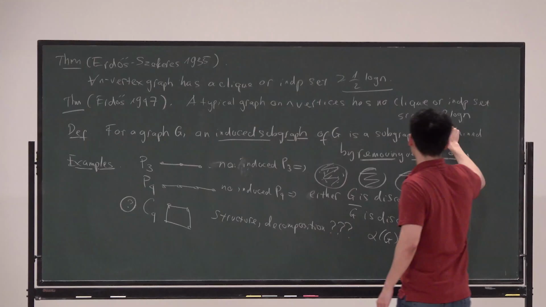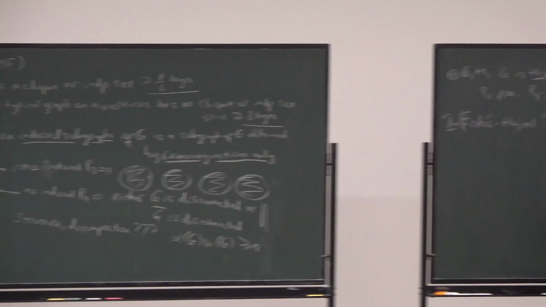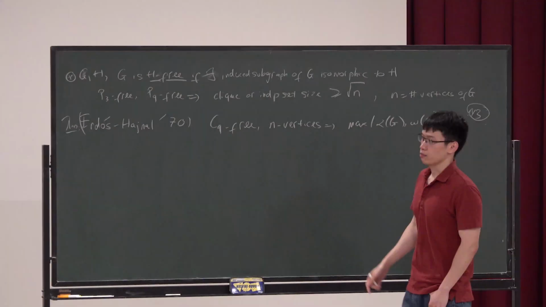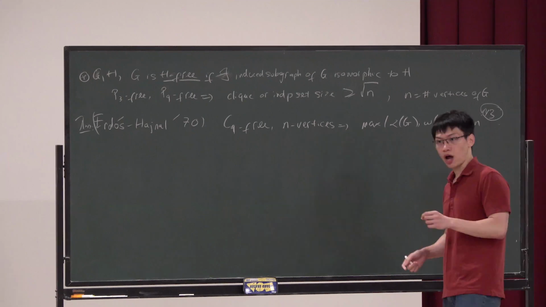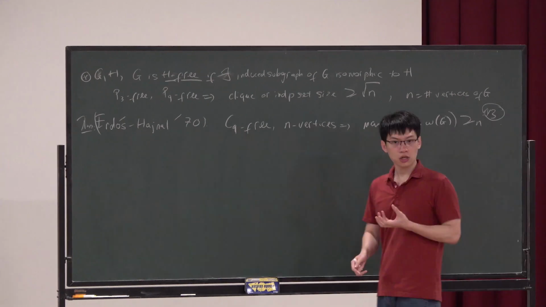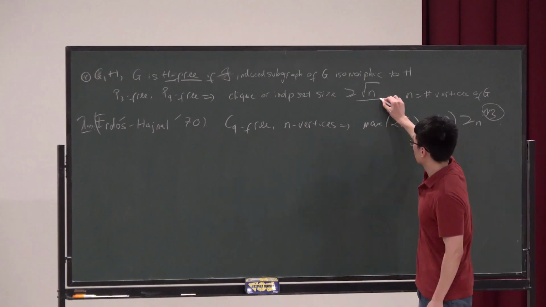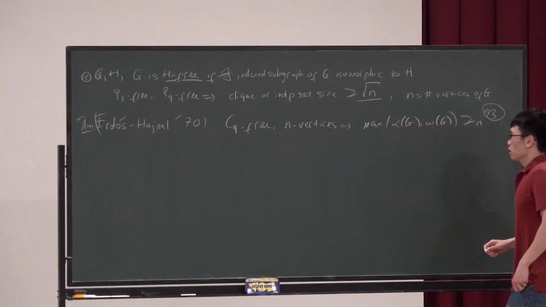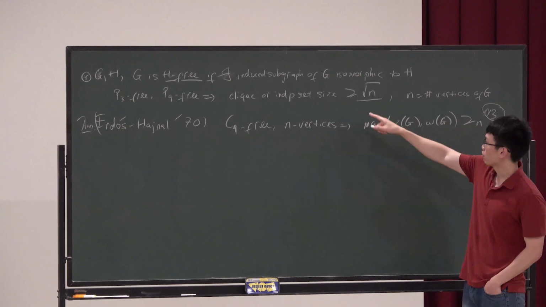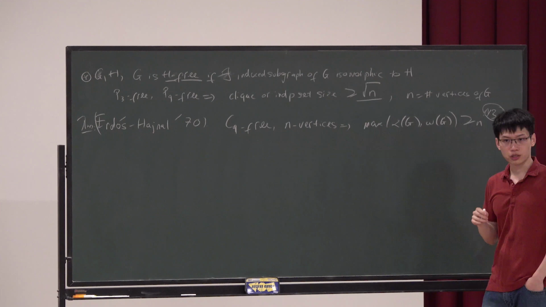And as long as you forbid some induced subgraphs in your host graph, or impose some sort of local condition, something changes: the max of alpha or omega will jump suddenly from logarithmic to some polynomial in n, just a small polynomial, so basically n to some power.